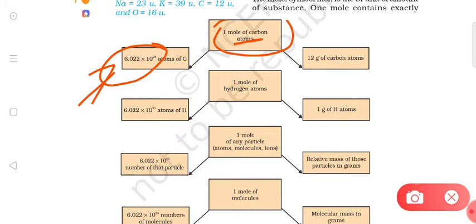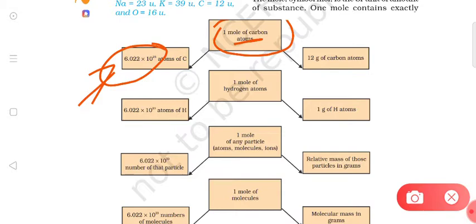Okay, now one advantage with 1 mole is that 1 mole of any substance has a fixed mass. Always it has a fixed mass which is called molar mass, and the molar mass of any substance is calculated with the help of atomic mass or molecular mass or formula unit mass we have already discussed.